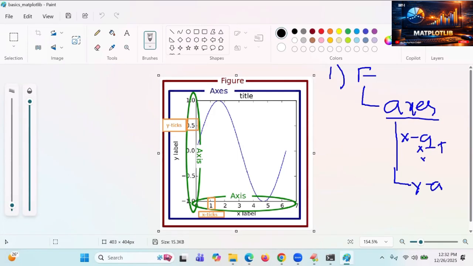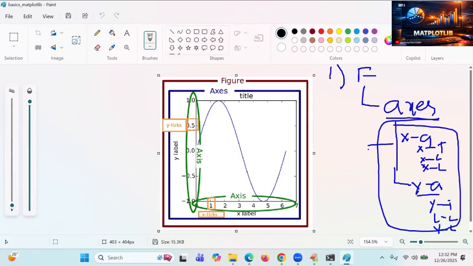Next, X limit. Next, X label. Similarly Y also: Y ticks, Y limits, Y label. Both of them together contain what? The total thing contains a title, or not? Title. In the x-axis, y-axis, the diagram is plotted. The diagram is known as what?